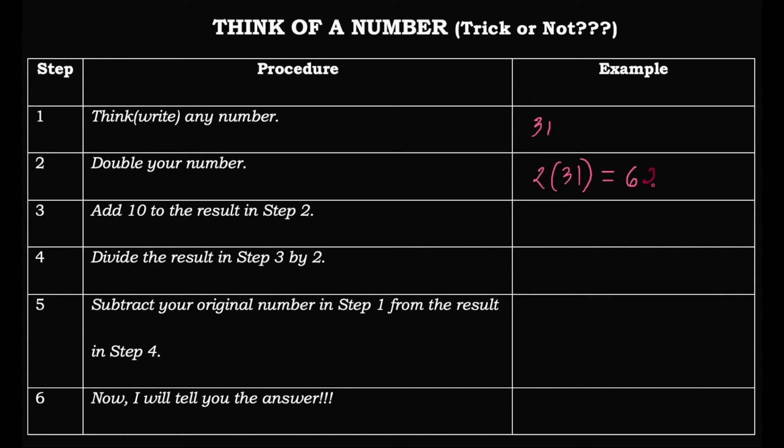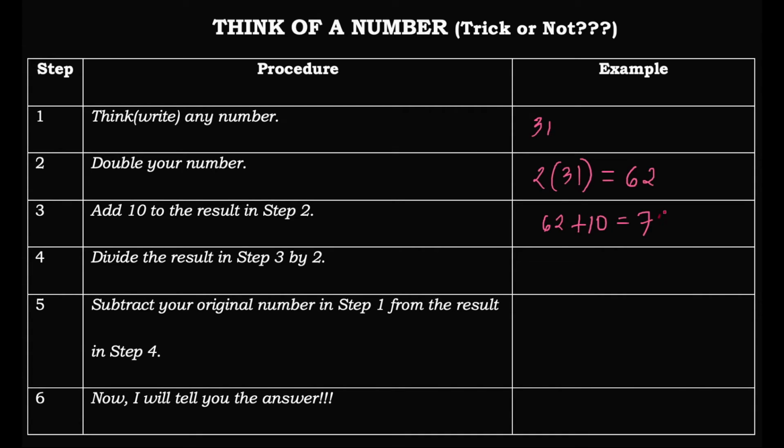That would be 62. In your case, I don't know what your number is, but step number 2 says just double your number. Whatever that number is, multiply it by 2. And this time, we will add 10 to the result in step number 2. So 62, and I will add 10.